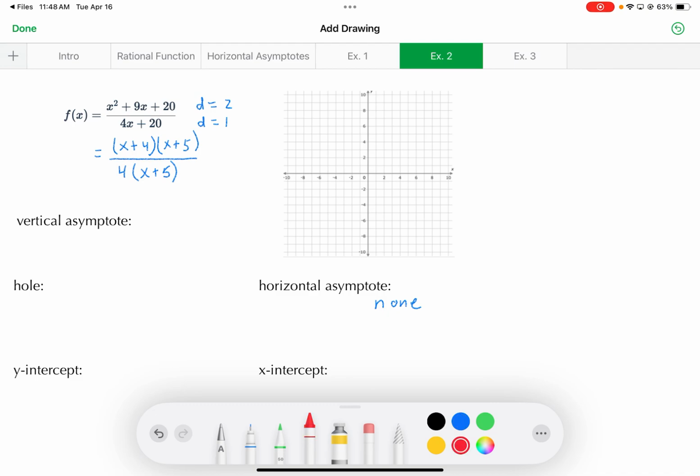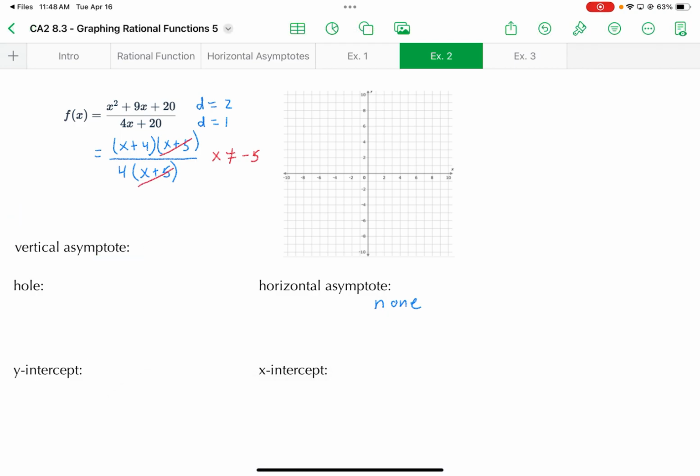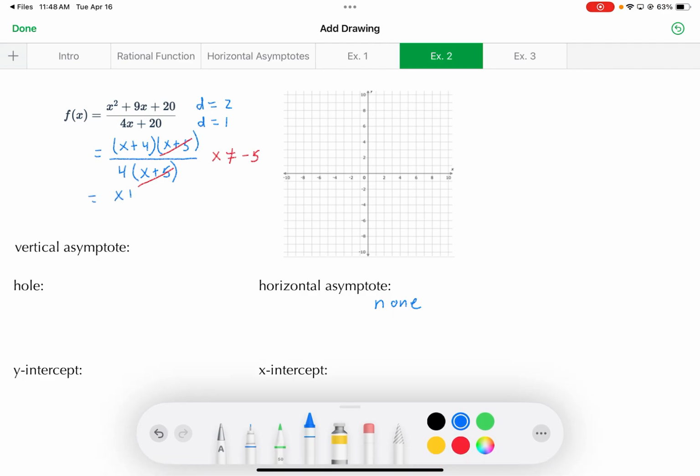And from that factored denominator, I can tell you we would be undefined at -5, right? But then we could reduce away the x plus 5s and simplify this to x plus 4 over 4.